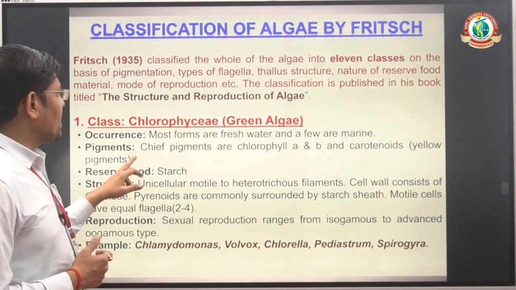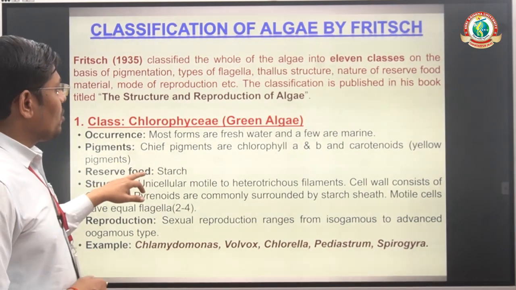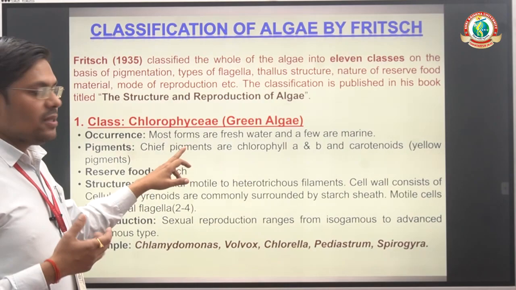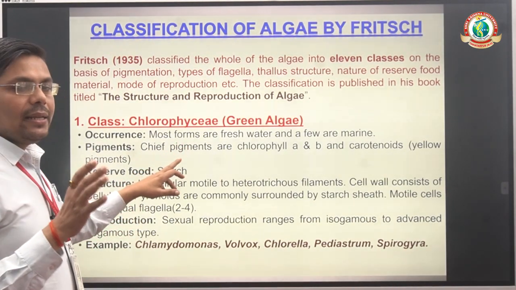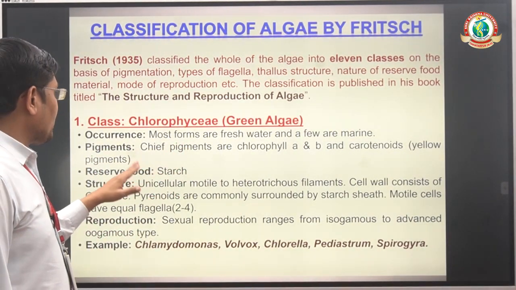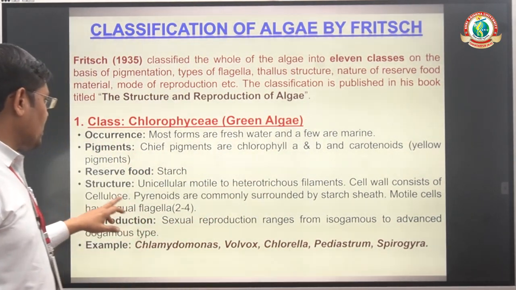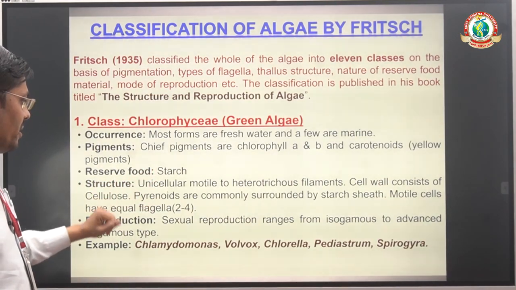The first class is Chlorophyceae, or green algae, because the chlorophyll pigment is present, that is why they are called green algae or Chlorophyceae members. The pigments are chlorophyll A, B and carotenoids. Reserve food material is starch.